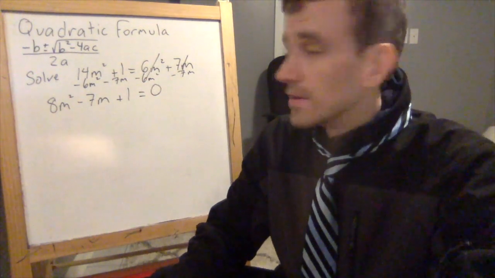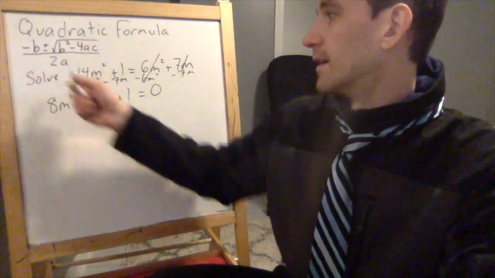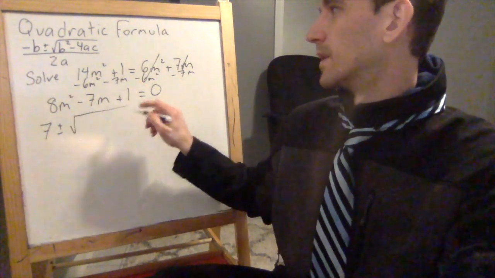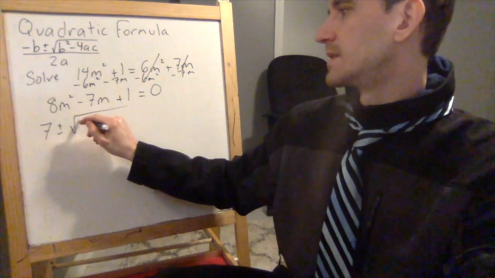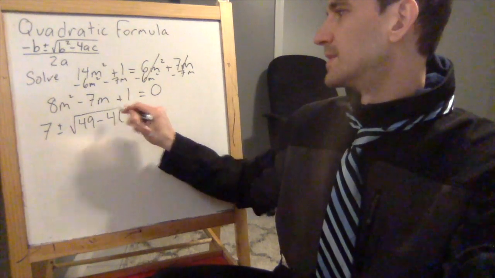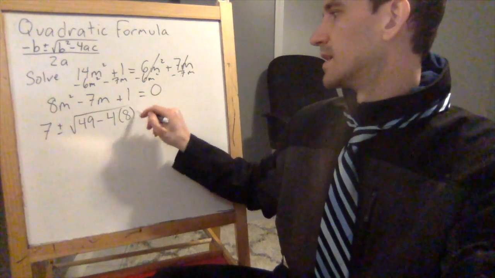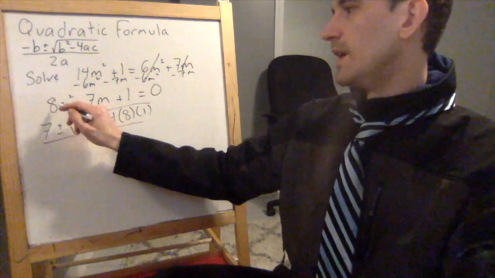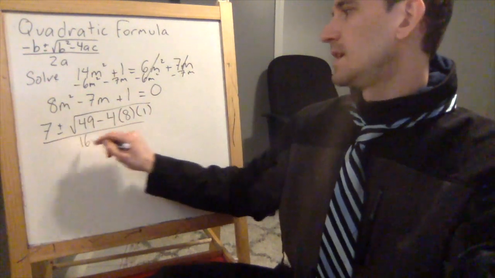And then we can plug stuff into the formula. Negative b is a positive 7, plus or minus the square root of b squared. 7 squared is 49, minus 4 times 8 times 1, all over 2a. 2 times 8 is 16.